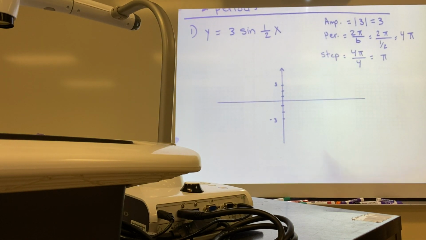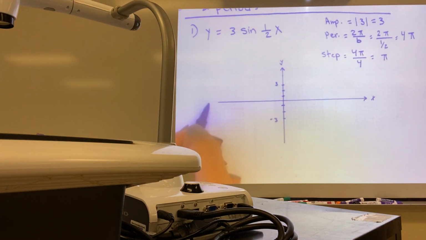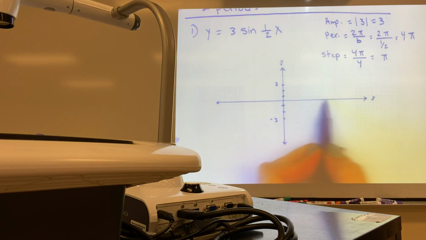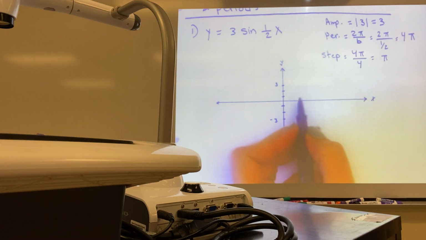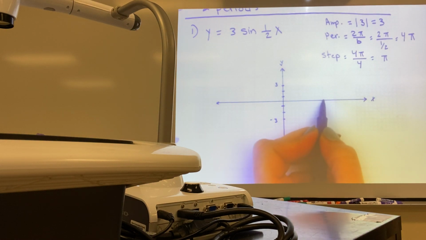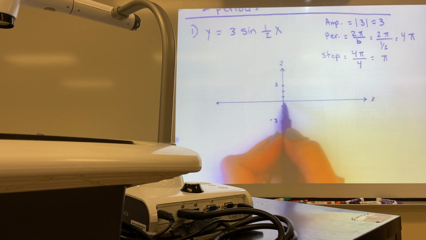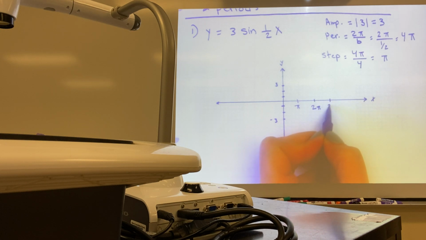Okay, it's the y-axis, x, and let's mark or label the angles here on the x-axis. And since we said the step is pi, I'm going to go by multiples of pi until 4 pi. So first we'll do pi, 2 pi, 3 pi, and 4 pi.